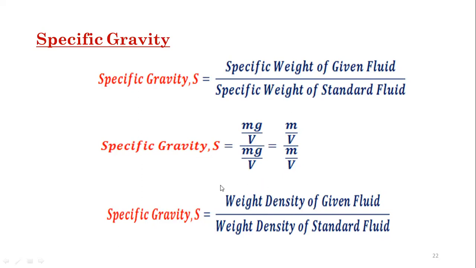For example, the density of some oil is given as 800 kg per meter cube. And the density of the standard fluid is always taken as water. If it is a flowing liquid, we take the standard fluid as water, so that you can find the specific gravity of that oil. So it is the ratio of density of the fluid to the density of the standard fluid. Suppose it is oil, so density of oil to the density of water gives the specific gravity of that oil.